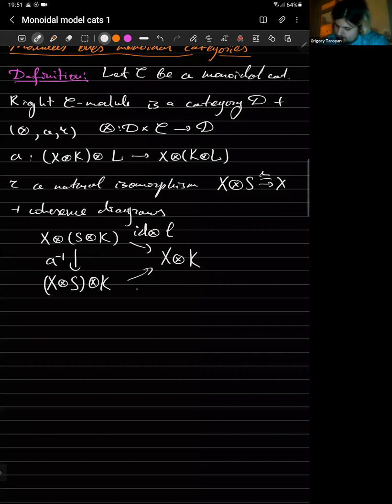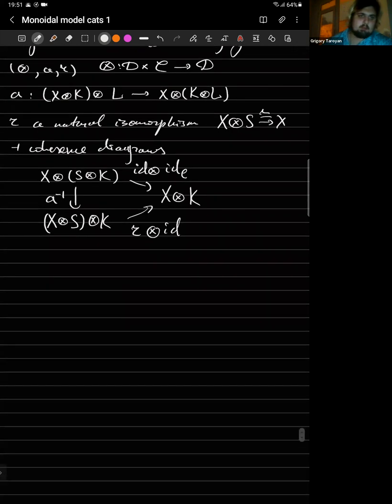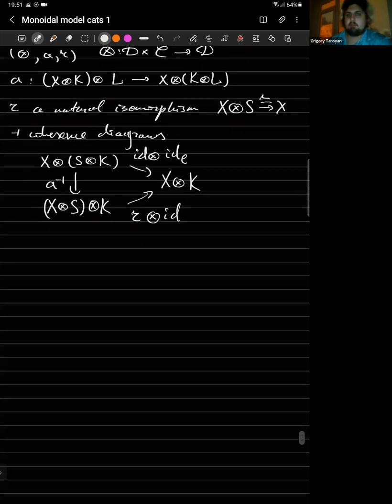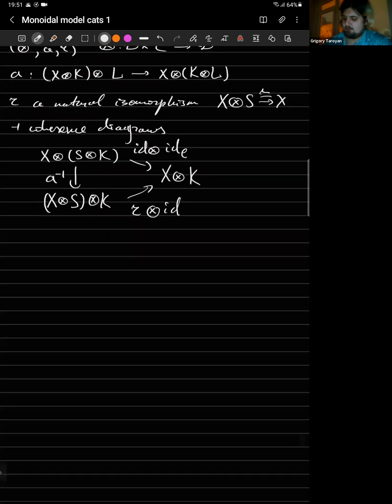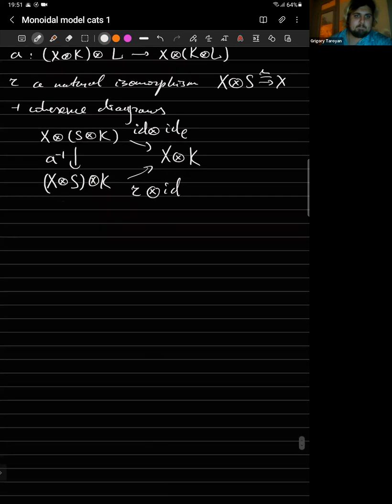And here we have R tensor A D. Let me write it like this. Then it makes sense. Okay, so that's an example of a coherence diagram. I just needed to give it because I'm always talking about coherence diagrams and no one has ever seen one. So let me give you one.